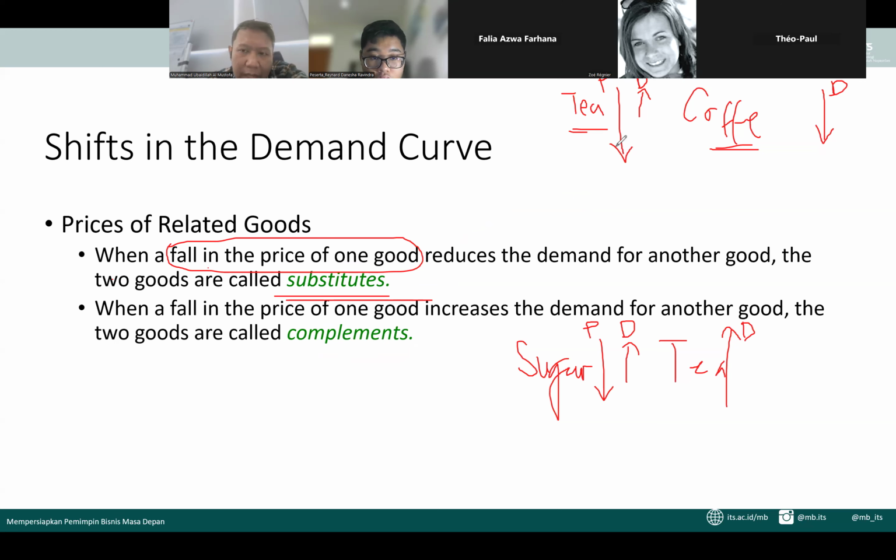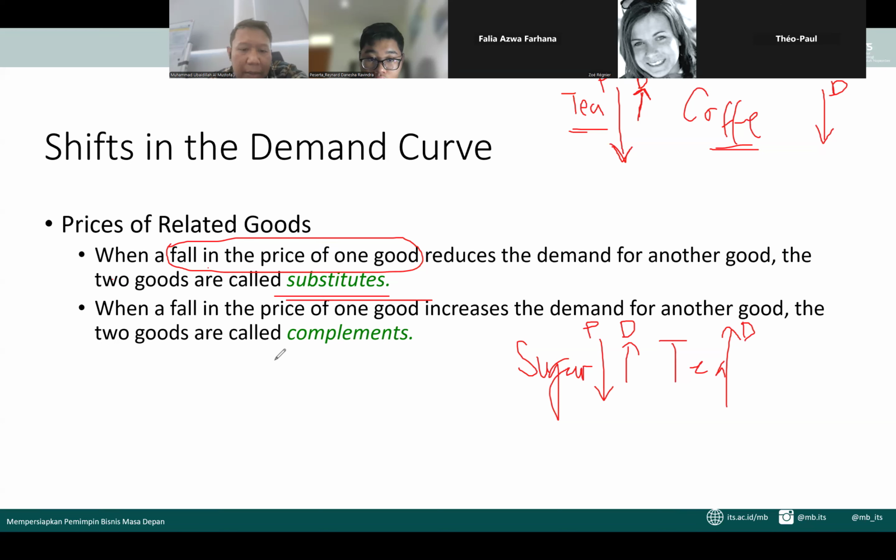Because the price of tea has decreased, we will see that people demand more tea. And when people demand more tea, because tea and coffee are substitutes, you see that the demand for coffee will reduce.